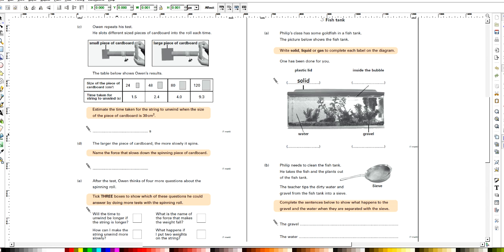What time could we write? 2.0. Yes. Any time between 1.5 and 2.4 will do. The larger the piece of cardboard, the more slowly it spins.